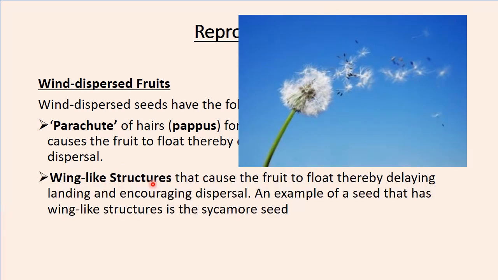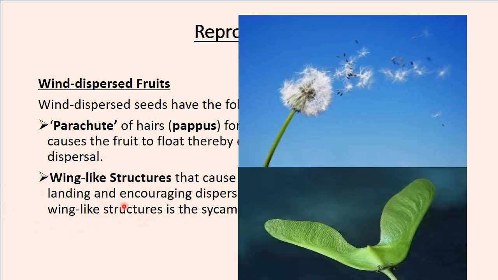Also, they have wing-like structures that cause the fruit to float, thereby delaying landing and encouraging dispersal. An example of a seed that has wing-like structures is the sycamore seeds. As you can see, it's like this. So these are the wing-like structures that encourage wind dispersal.